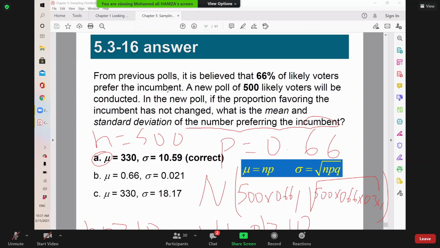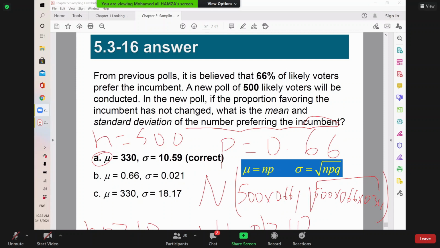Then p is equal to 0.66 and n is equal to 500, because we take a sample of 500 people. But here he requests the mean and the standard deviation of the normal distribution for those preferring the incumbent.